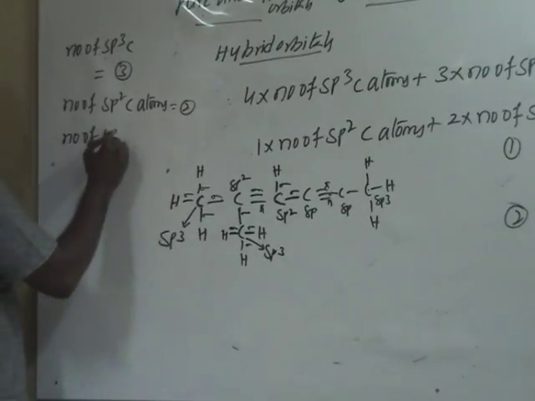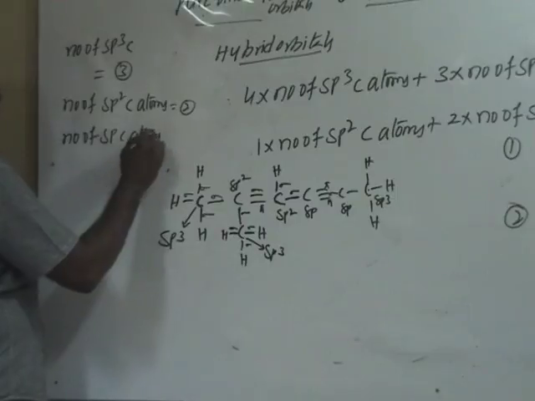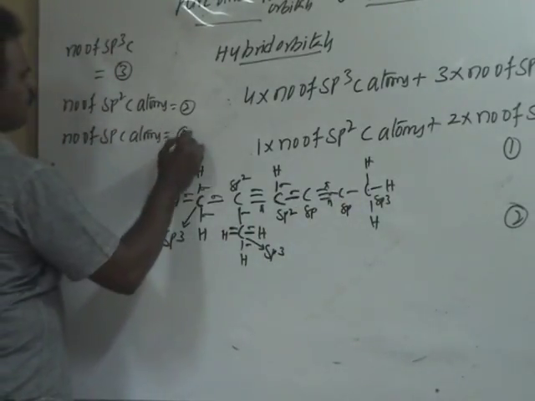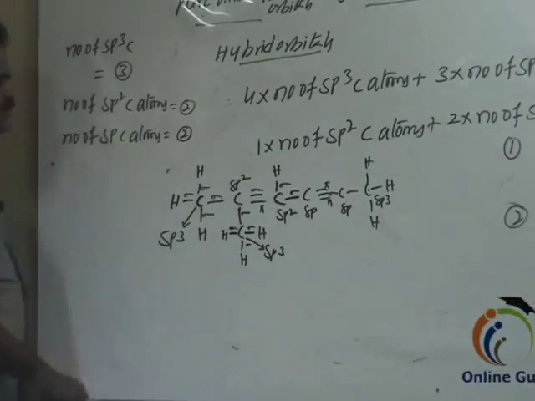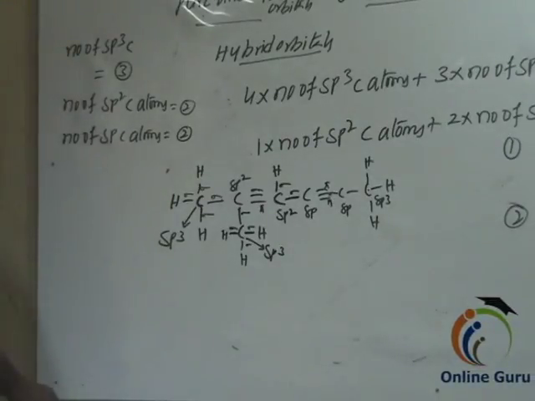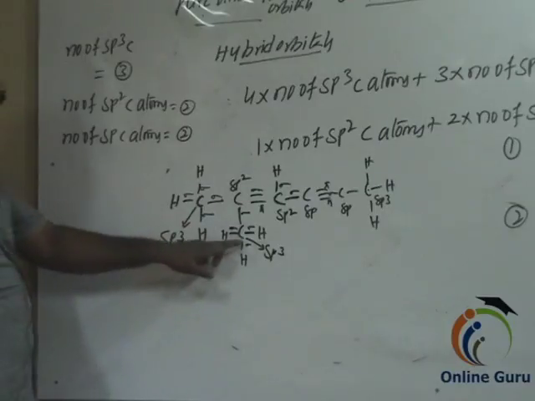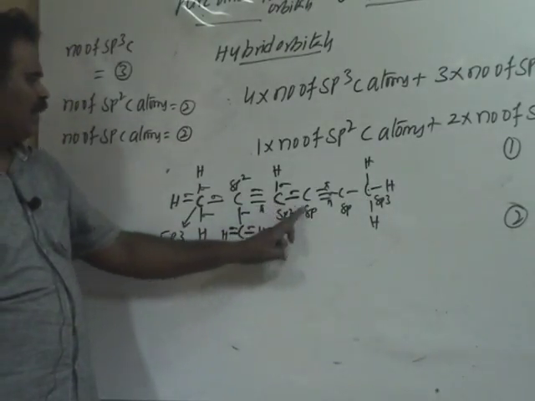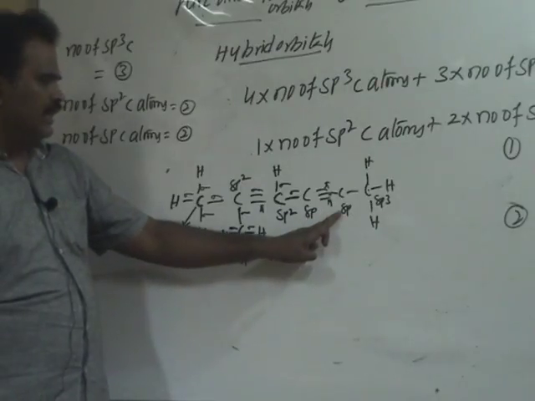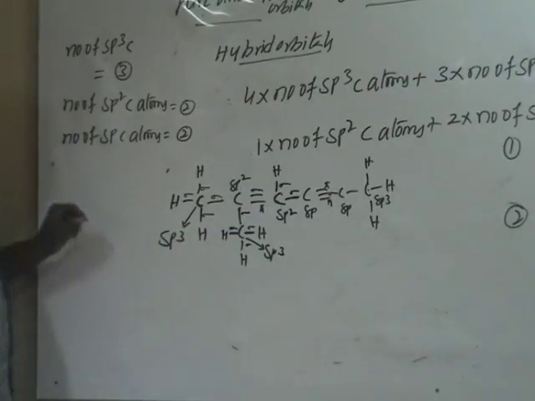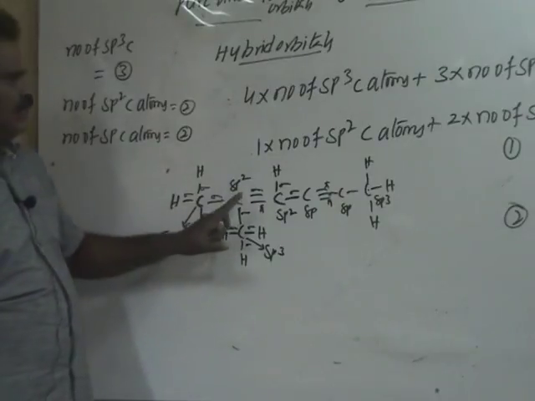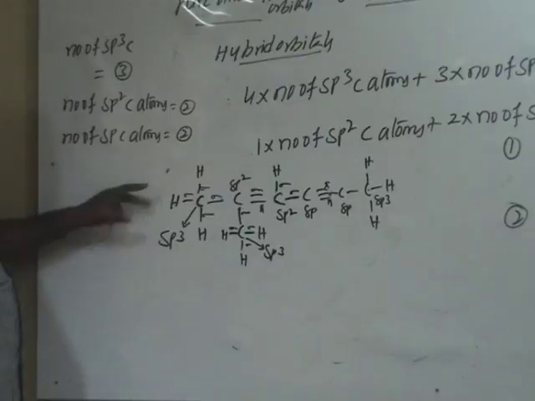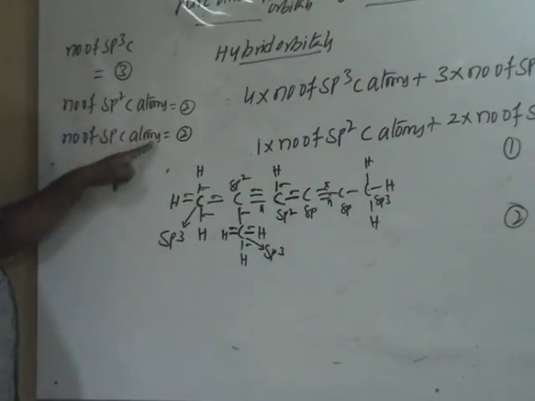Number of sp carbon atoms: we have 2 sp carbon atoms. So the compound has 3 sp3 carbon atoms, 2 sp2 carbon atoms and 2 sp carbon atoms. So this is the answer for question number 1: the hybridization of carbon atoms in the compound is sp3, sp2, sp.